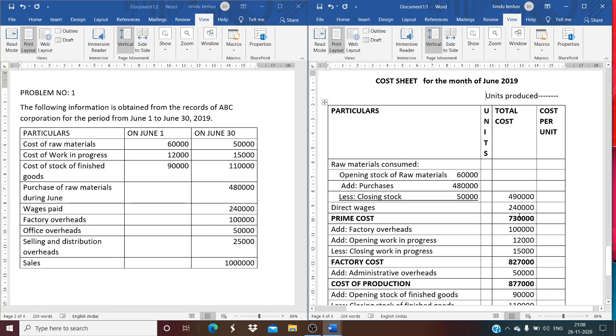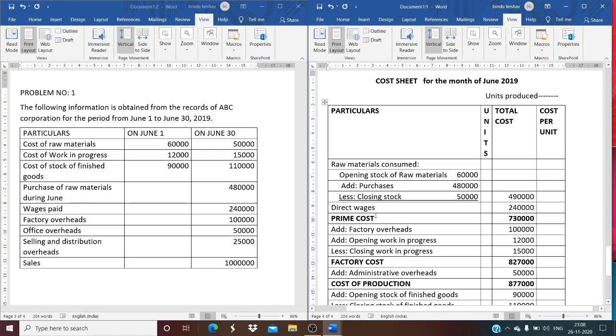We add these two items because we do not have direct expenses. Prime cost is the sum of direct materials, direct wages and direct expenses. Direct expenses are not there. So we add direct materials and direct wages, 4,90,000 plus 2,40,000. So prime cost is equal to 7,30,000.